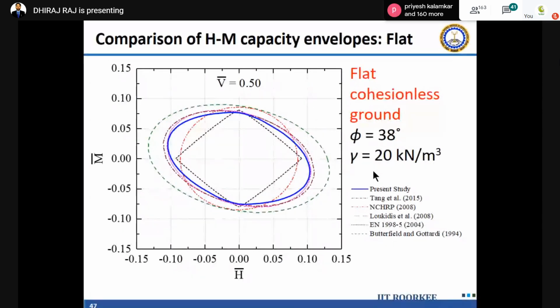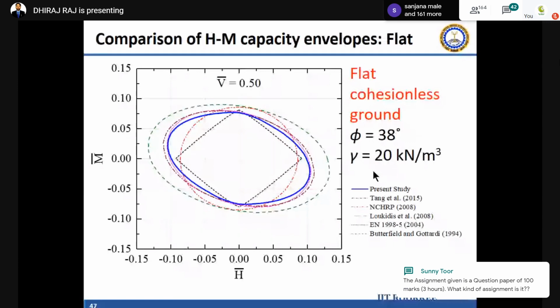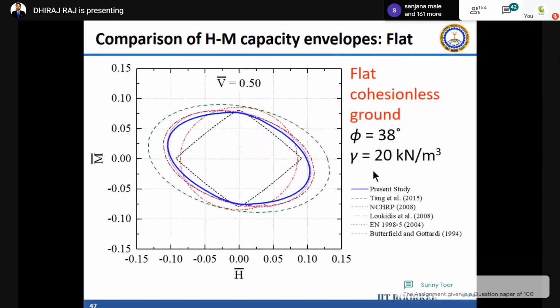So now you remember your Eurocode formula, very complicated, and your NCHRP formula, it is also very complicated. But if you come up in the HM plane at a vertical load, see, this V bar is 0.5, which means you are targeting a factor of safety 2.